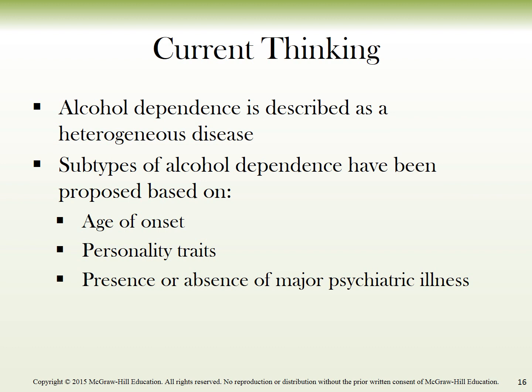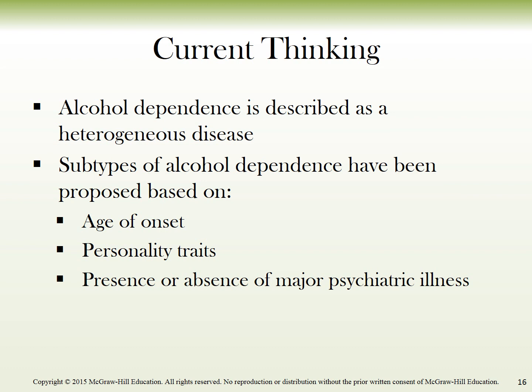If we look at where Jellinek's work and Vaillant's work and other research has led us today, these next couple of slides talk about current, contemporary thinking about alcohol use disorder. There is recognition that alcohol use disorder is not one and the same. It's not homogeneous, it's heterogeneous.